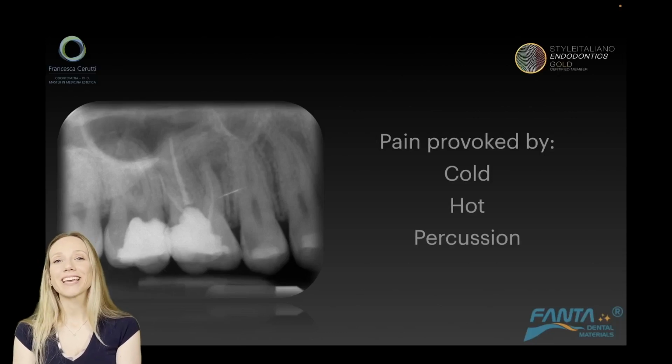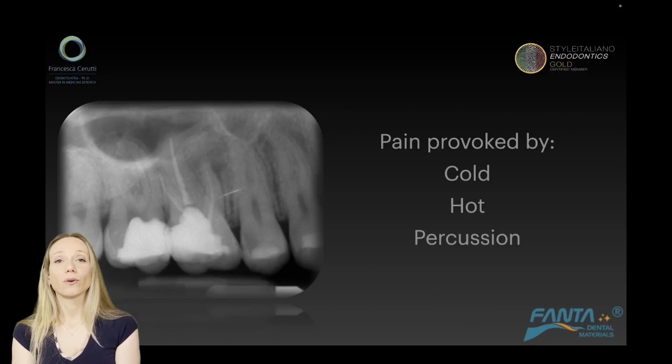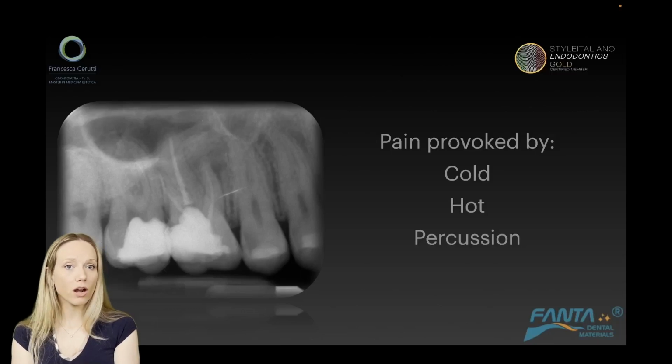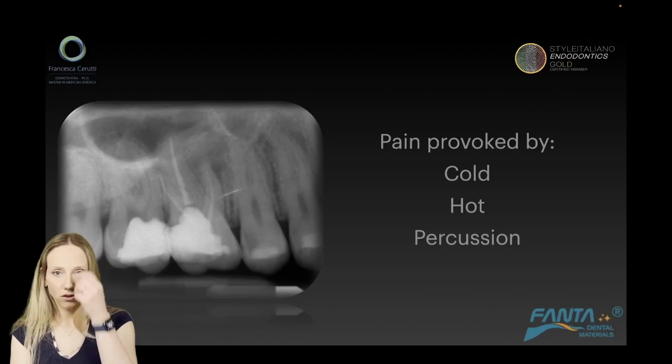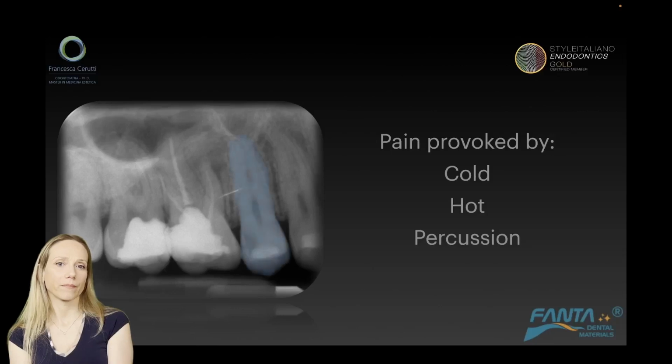So I share with you a case of a patient that I saw in an emergency, and she had pain with hot, with cold, with percussion. She had a recent root canal treatment on the first molar, she had a pulpotomy on the second molar, and she has a decay on the second premolar. And which tooth is responsible for which problem?